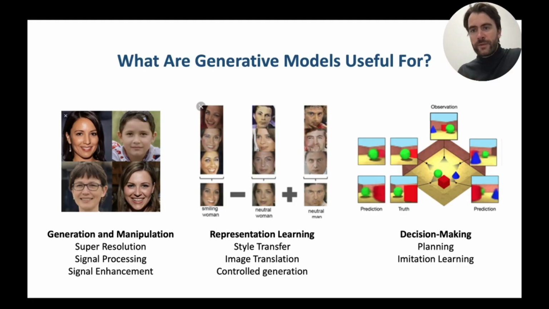Remember the example with clustering the genomes of cancer tumors. That is an example where we can learn something interesting about the biology of cancer using a form of representation learning. And finally, the last set of applications that I want to highlight is everything that has to do with decision making, which I just mentioned earlier.